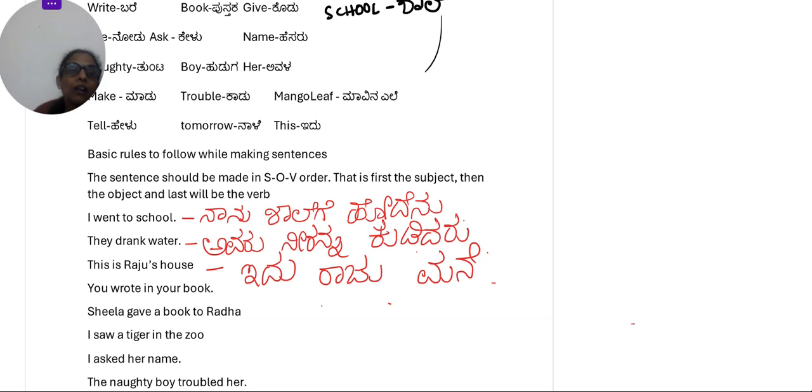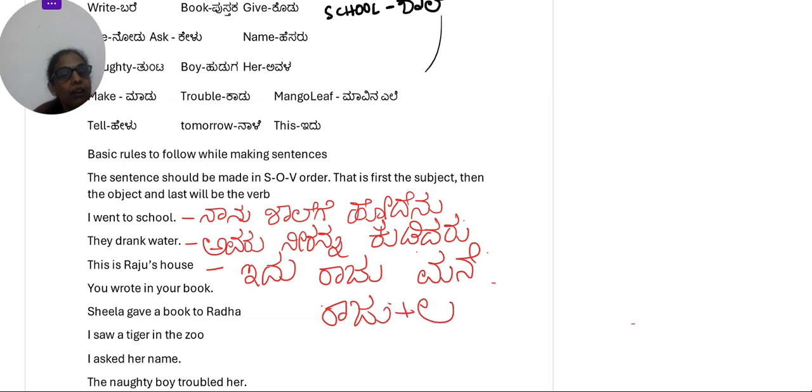But remember, we have to add the vibhakti for relationship, the sixth vibhakti, because house is related to Raju. It belongs to Raju, right? So we have to add the sixth vibhakti, which tells about the relationship. So what is the suffix of sixth vibhakti? It is a.